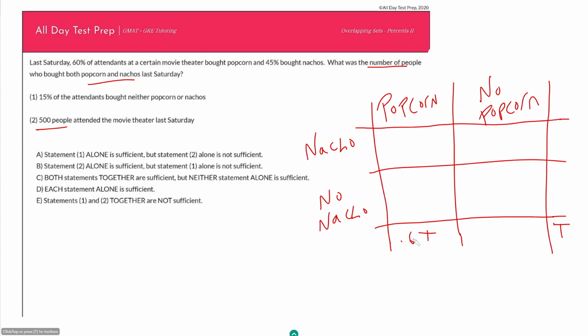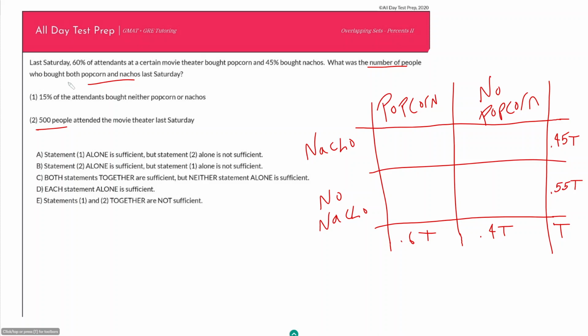And if 60% bought popcorn, 40% did not get popcorn. So that's 0.4T. 45% bought nachos, and so that would be 0.45T here, which means 55% of my movie theater attendees did not buy nachos. That's 0.55T.